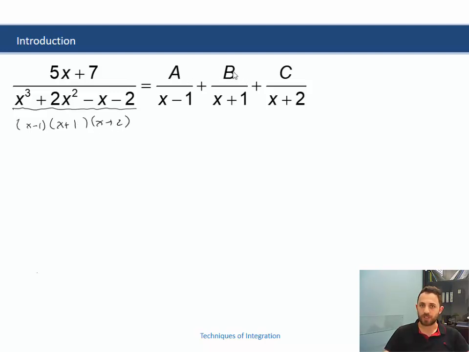In order to compute those constants A, B, and C, you need to bring all these denominators into a common denominator.